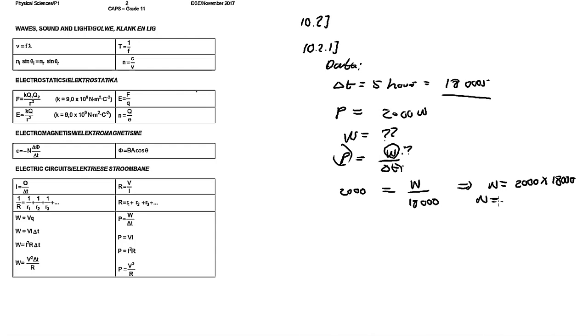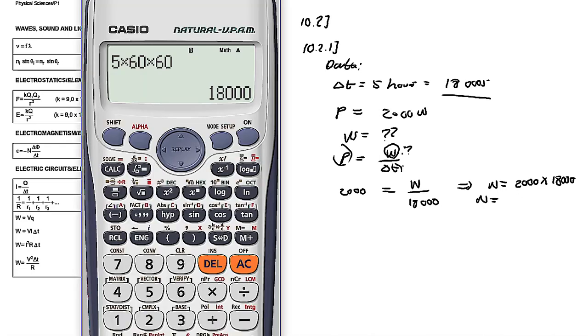So the amount of work done is equal to 2000 times 18,000. Wow. Oh wow. Okay, how about I'm gonna zero now. That's where this thing comes in again. Remember? That's where this thing comes in.